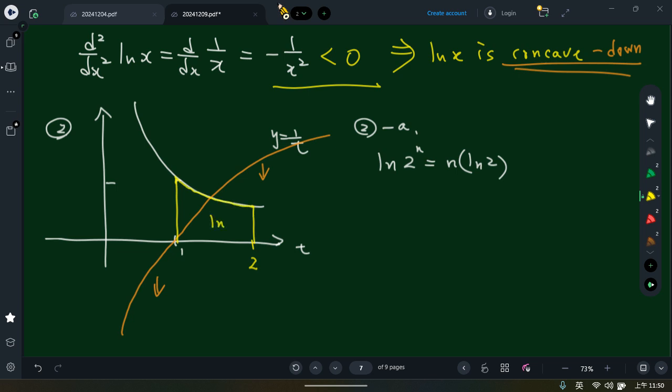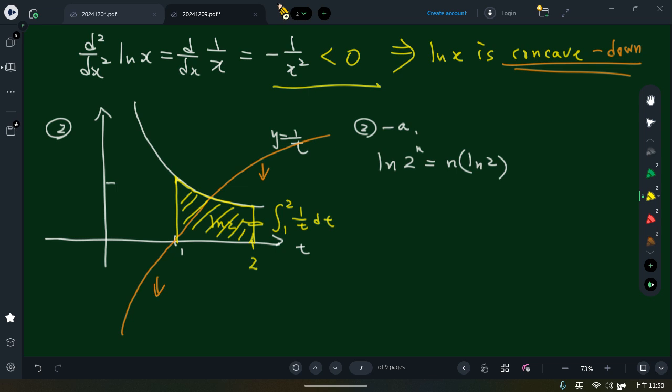This is ln 2, right? Because ln 2 is equal to the integral from 1 to 2 of 1 over t dt. So suppose this is ln 2. When we think about ln 2 to the power of n, we can simply move the n to the coefficient, n times ln 2. So ln 2 should be this area.